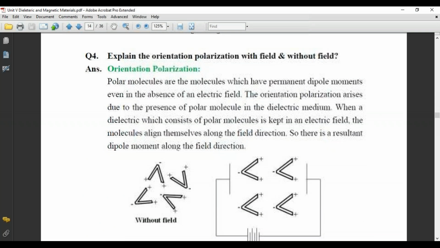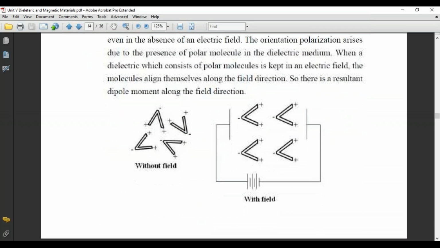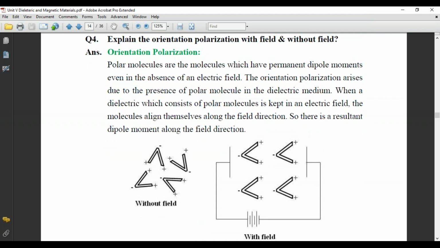Next we will see orientation polarization. This type of polarization occurs in polar molecules, which have a permanent dipole moment even in the absence of an applied electric field. When no field is applied, the net dipole moment is zero in these materials, because the dipoles are randomly oriented.